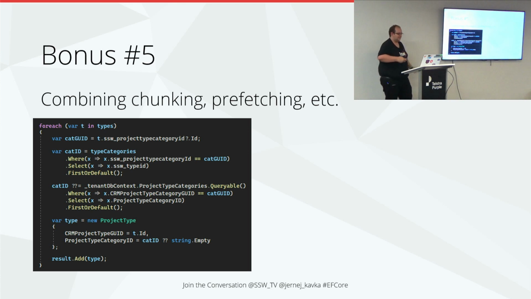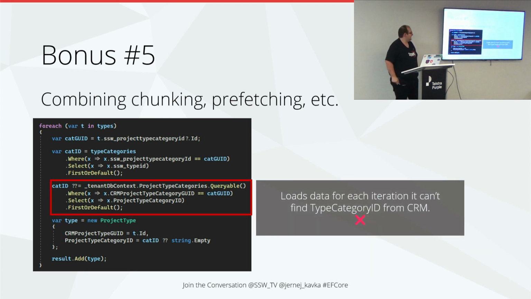But this is .NET Framework, so if you see horrible code, it's because it's really, really old. What they've done here is, for each loop, they say, if the customer ID wasn't available in the CRM data, so it's not stored over there, check our database to see if you can find it.